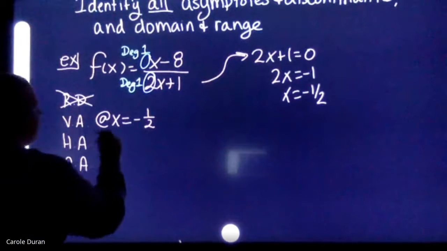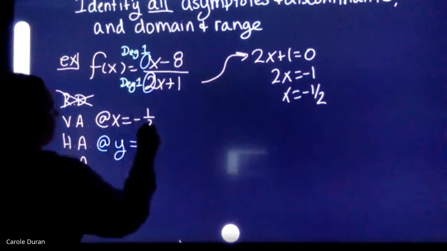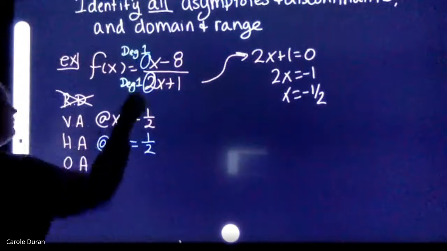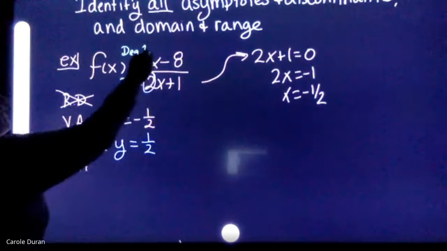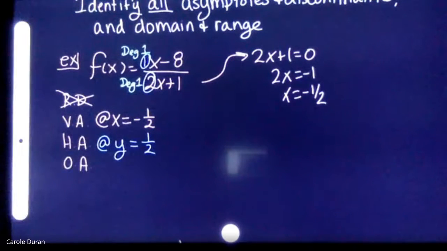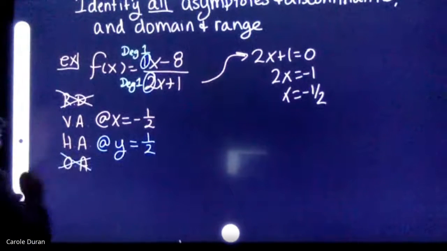So my horizontal is at y equals 1 over 2. Since there was nothing in front of the x, I assume it's a 1, and my denominator had a 2 in it. It's just whatever number is in front of that leading variable. And since there was a horizontal, there is no oblique.